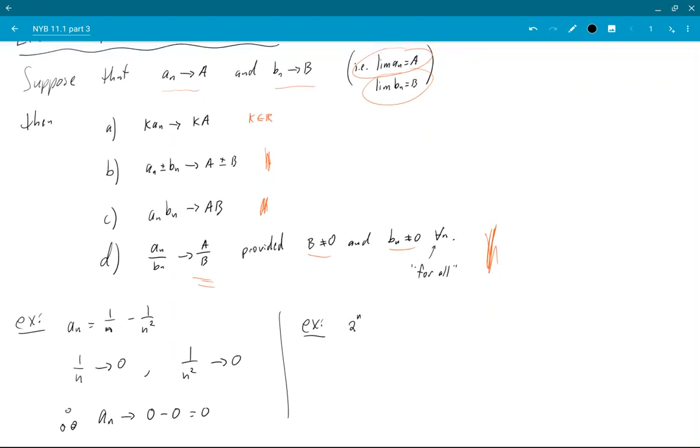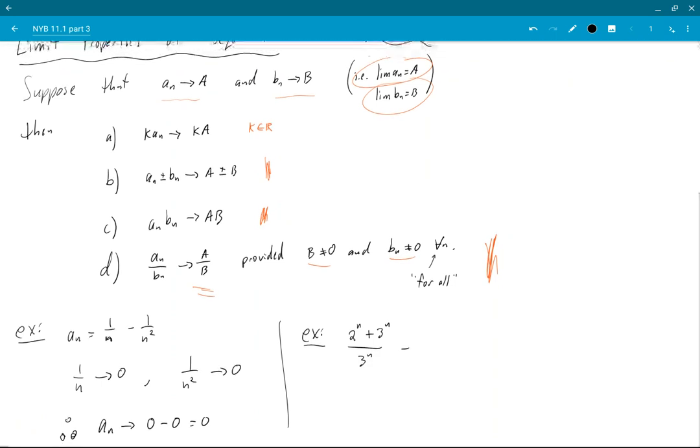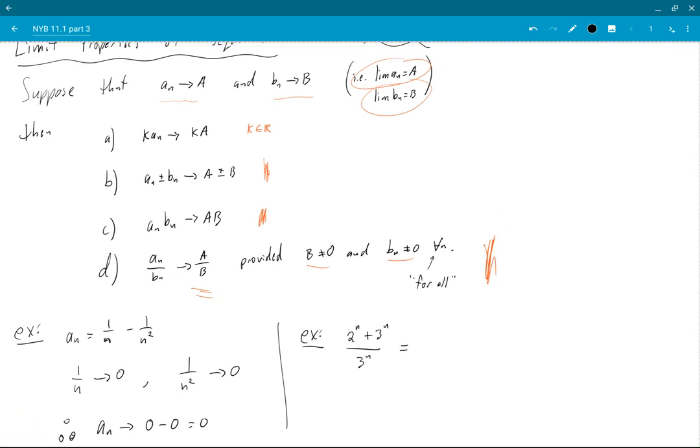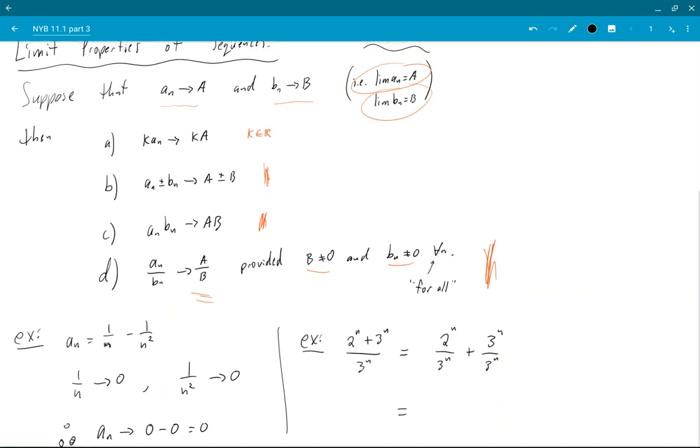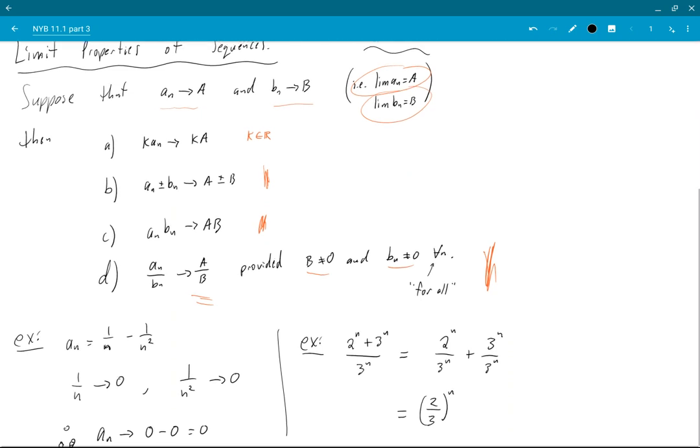If you have something like 2 to the n plus 3 to the n over 3 to the n, to see what's happening here, I'm going to break it up first of all. So I break it up and simplify a bit.